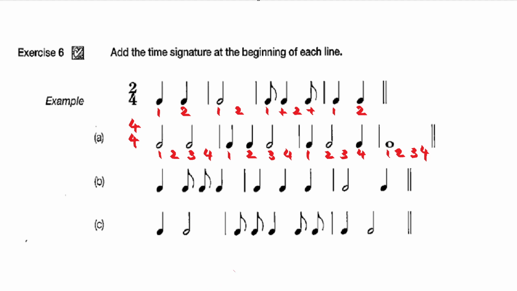In the next pattern, we have ta, ti, ti, ta, ta, ta, ta, ta, ta. And hopefully you can see that this is a 3-beat pattern. So this is a 3/4 rhythm.